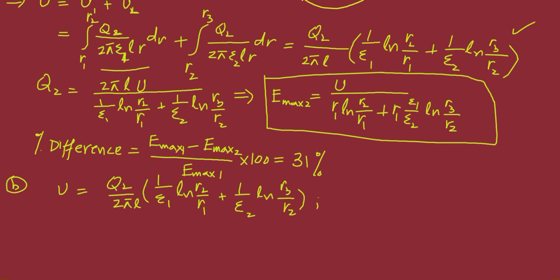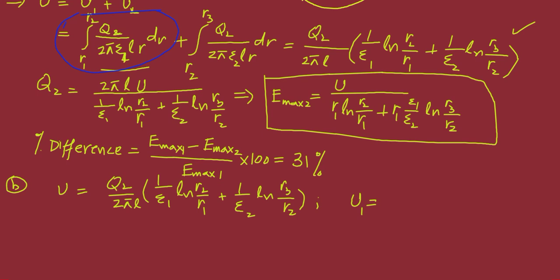Okay. And what about the voltage in layer 1? So voltage in layer 1, U1 is equal to, as we used here, this was the voltage in layer 1. Okay.